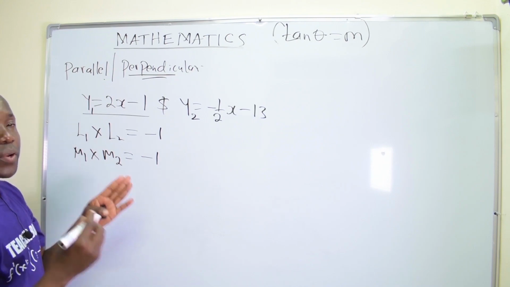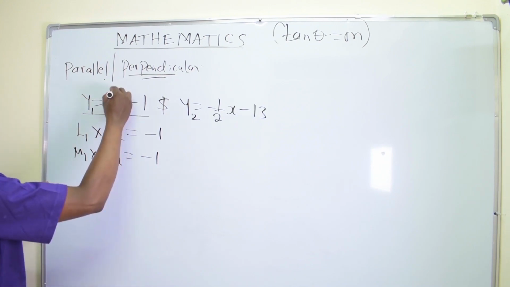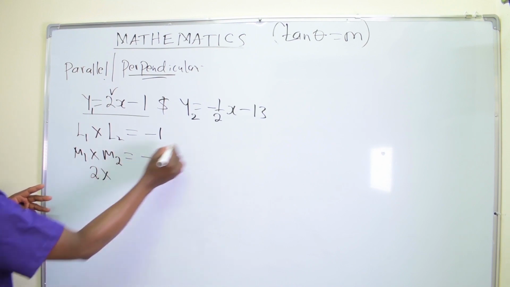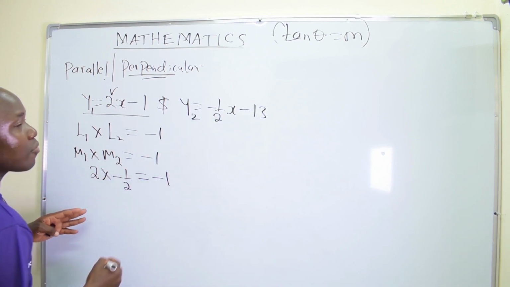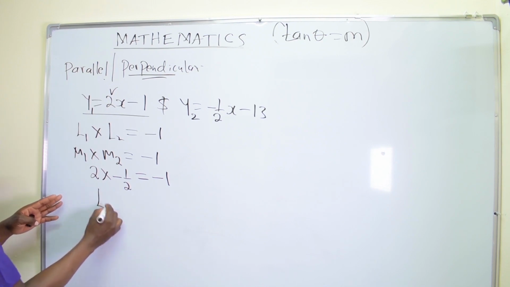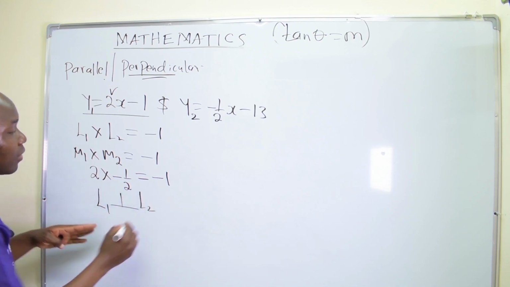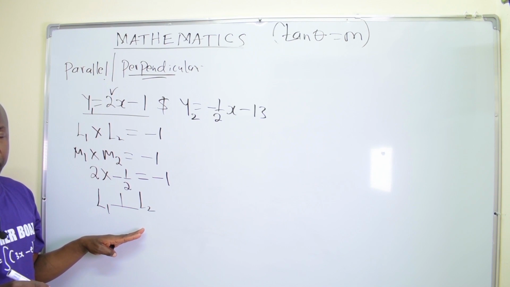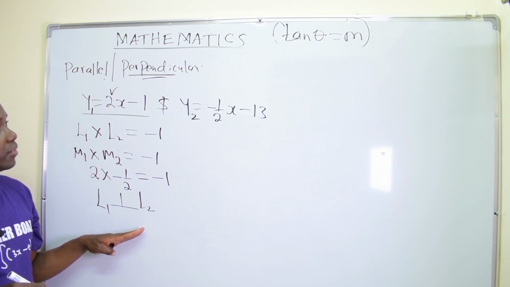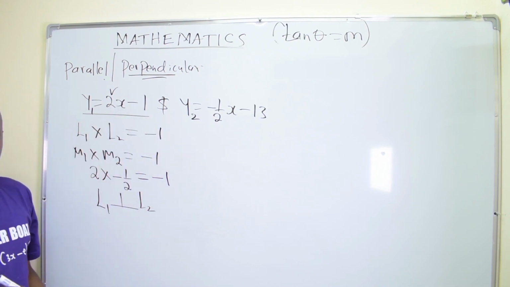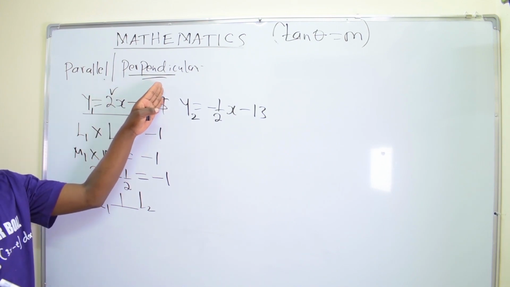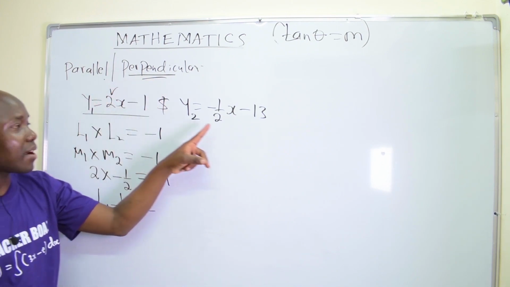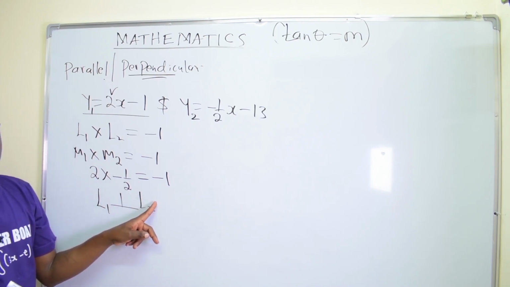which we can test from the numbers given. If you pick 2, you multiply by negative a half, you will simply get negative 1. So we justify that line 1 is perpendicular to line 2. Whenever you work out such equations, we go back to the definition of what makes two lines perpendicular: when we multiply their gradients, we must get negative 1.